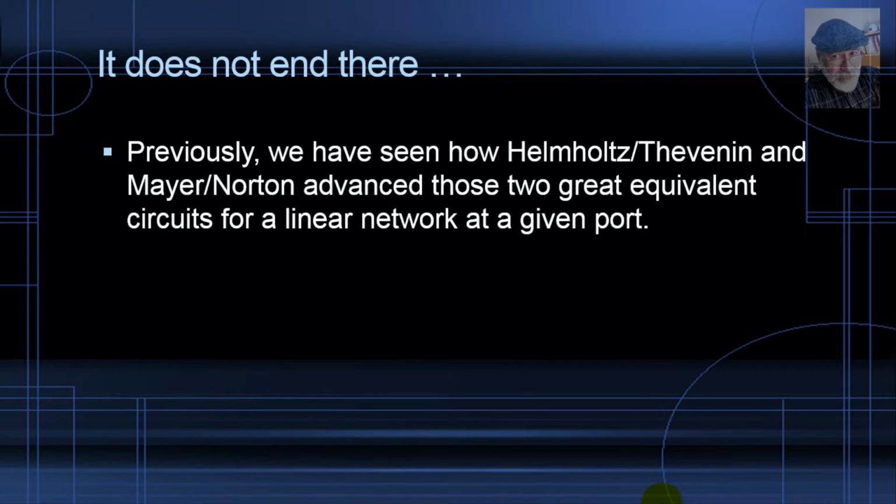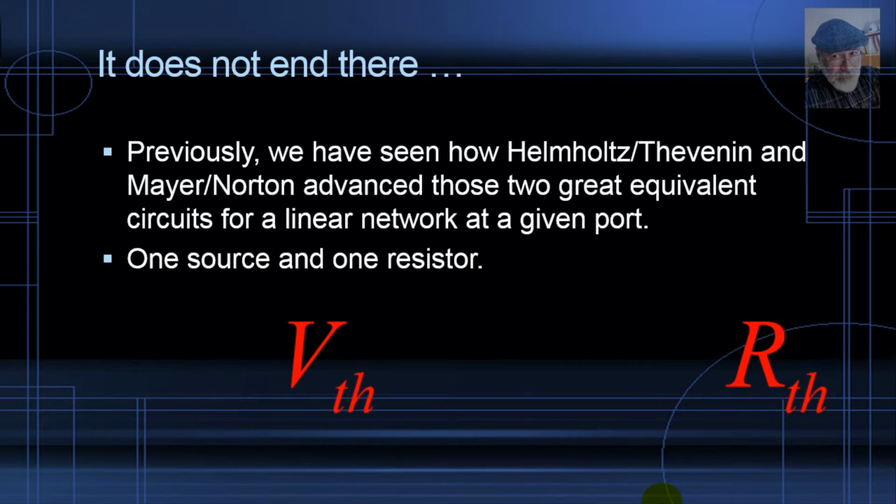Previously, we have seen how Helmholtz and Thevenin and Mayer and Norton came up with this wonderful idea of replacing a linear circuit with a simplifying equivalent circuit that has only one source and one resistor, Vth and Rth for the Thevenin equivalent.